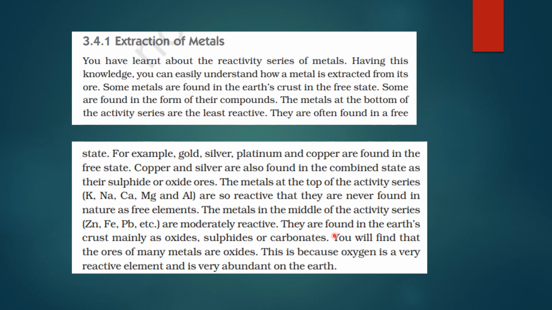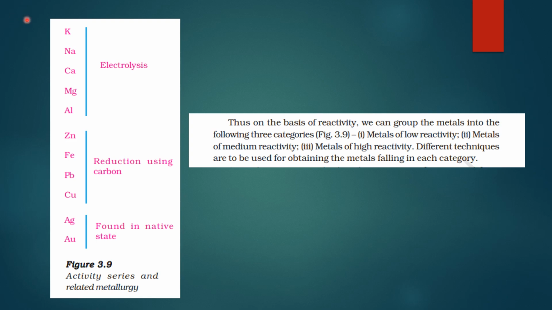You will find that the ores of many metals are oxides. This is because oxygen is a very reactive element and it is very abundant on the earth too. So here comes the activity series and the related metallurgy. Potassium is the most active, then sodium, calcium, magnesium and so on up till gold.